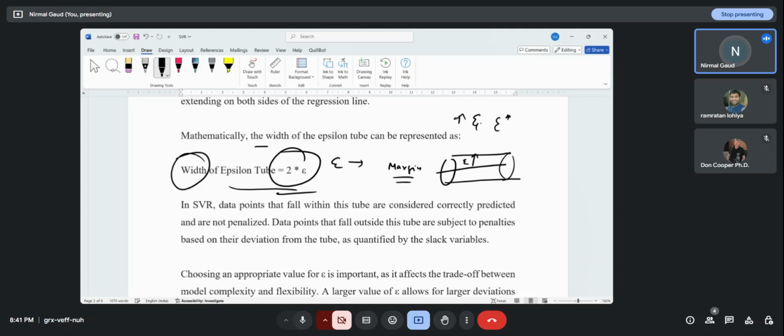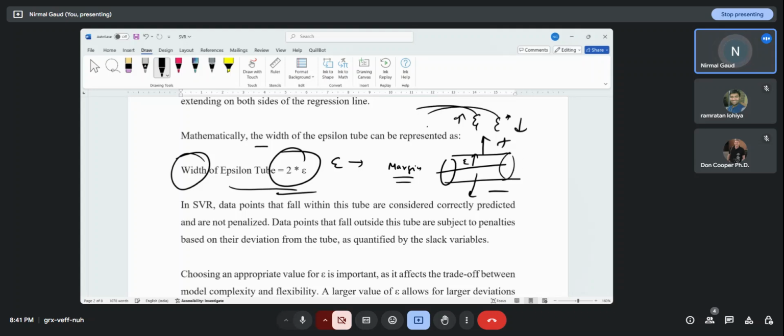This is for above and this is for below the epsilon tube, just to differentiate. As we have seen in the hyperplane, there is a positive region and a negative region. Here we don't have any positive or negative region because we are dealing with regression, so that's not the point. But still they are differentiating these points.